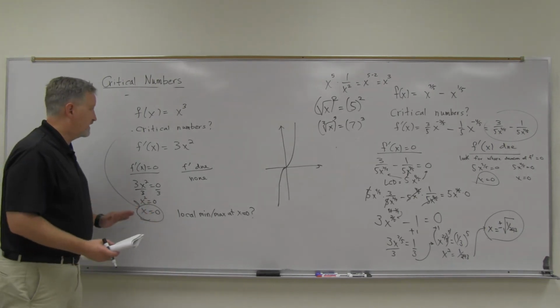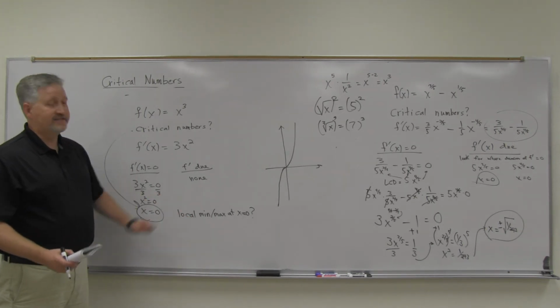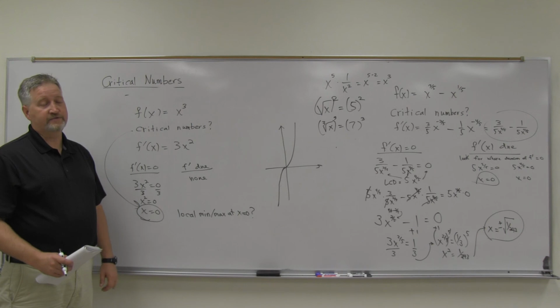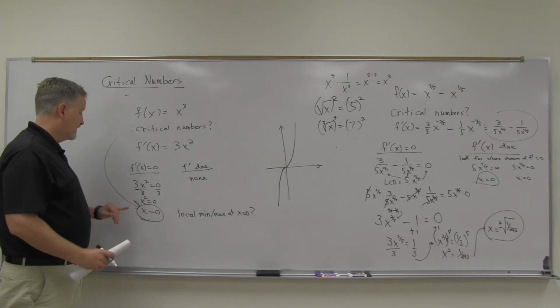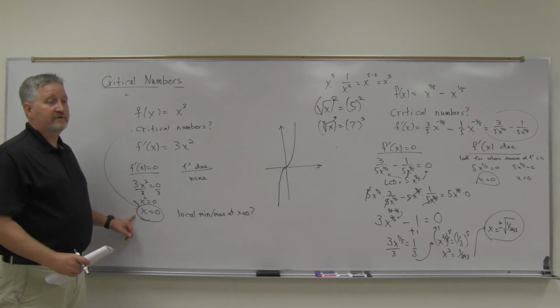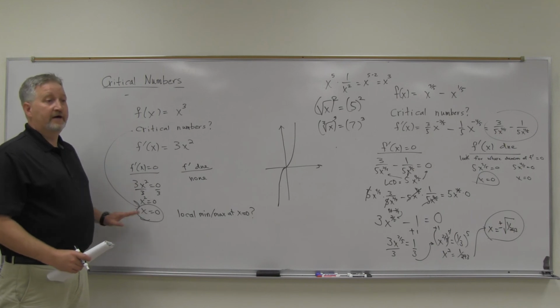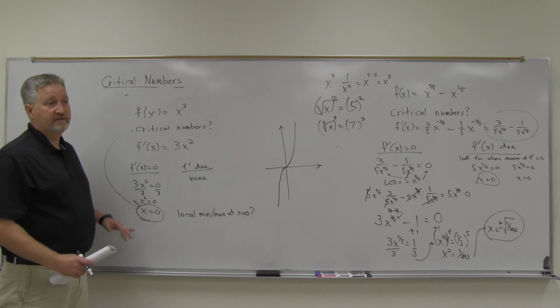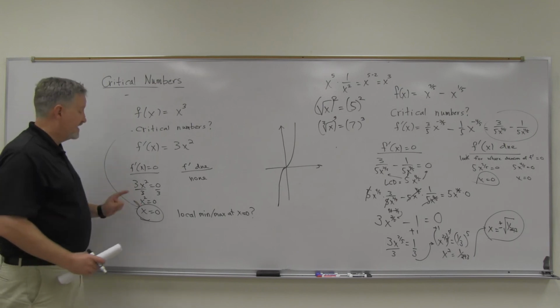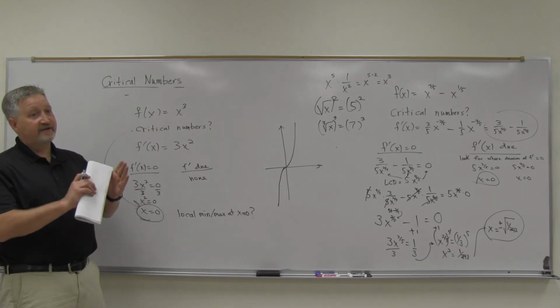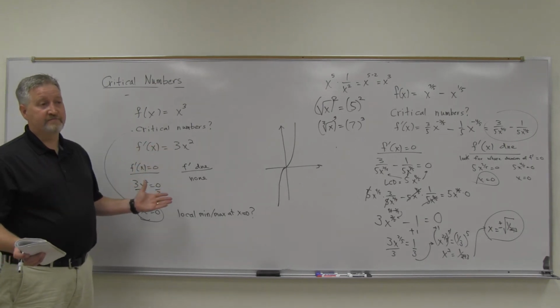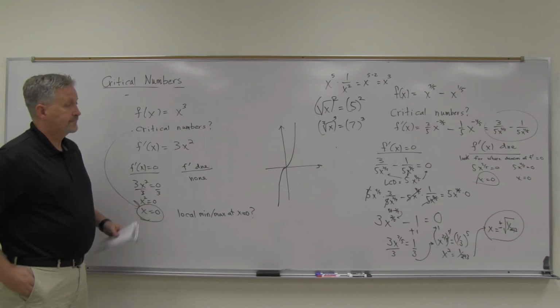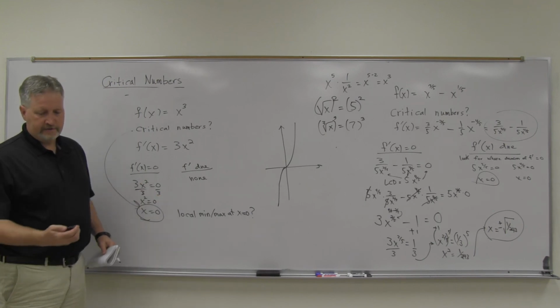Just because you've got a critical number, that doesn't guarantee that you have a local min or max. No, this is just a good place to look. It may not be a max or a min, but it's a good place to look. If there is going to be a local min or max, it is going to be at a critical number, but not all critical numbers give you local mins and maxes. There's a difference. Any questions or thoughts?